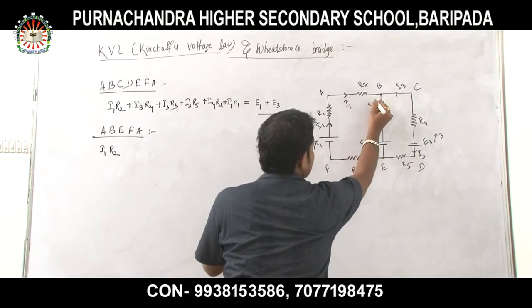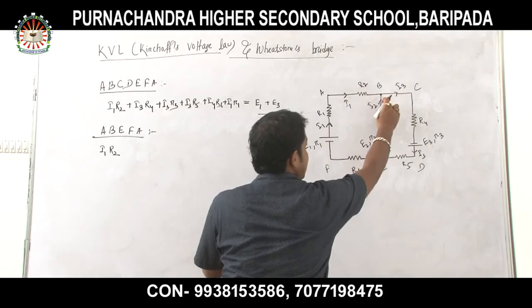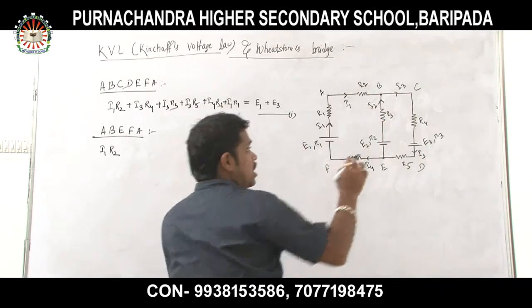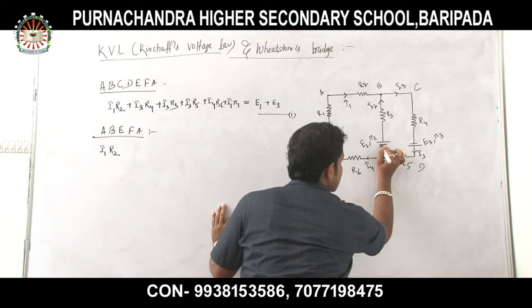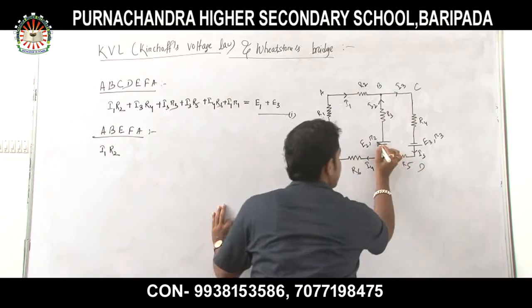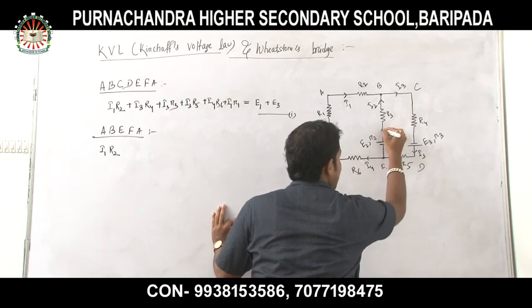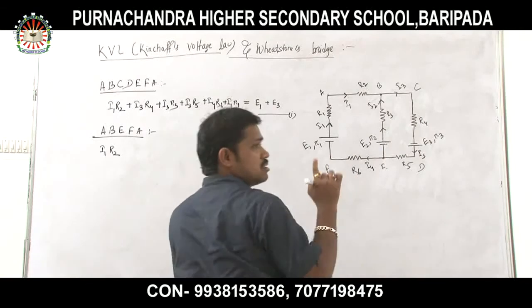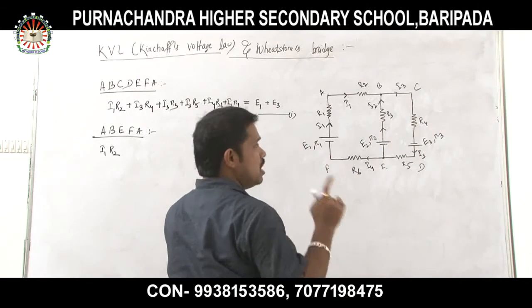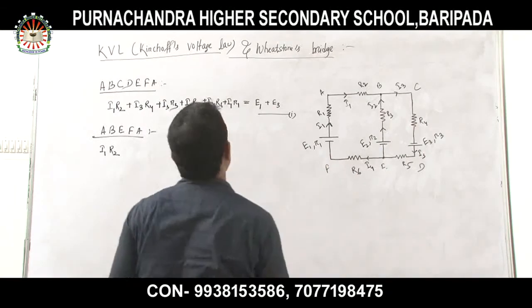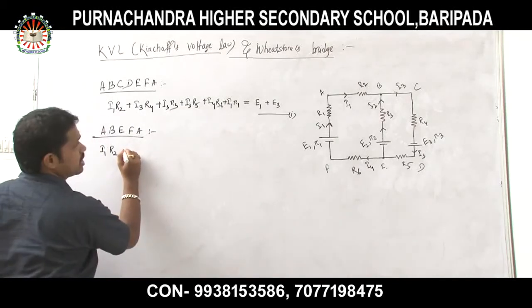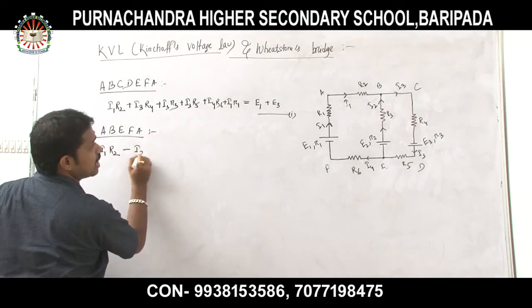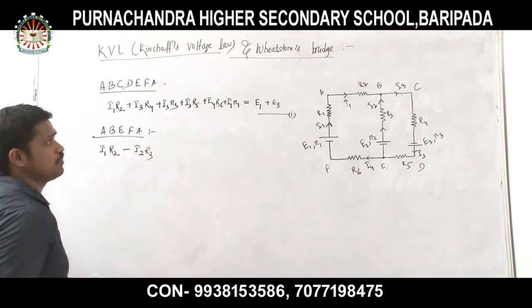We are moving this side and we are facing the current against it, and also this cell. This cell is producing current in this direction, which is not a clockwise direction. It is an anti-clockwise direction. That's why we are taking minus I2 R3.